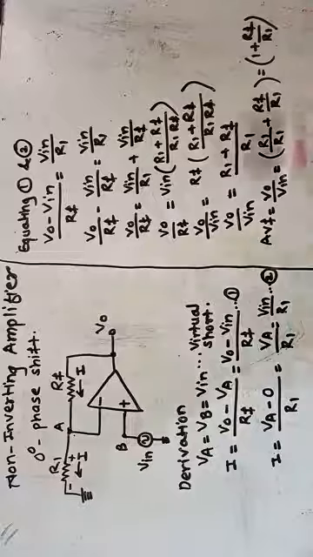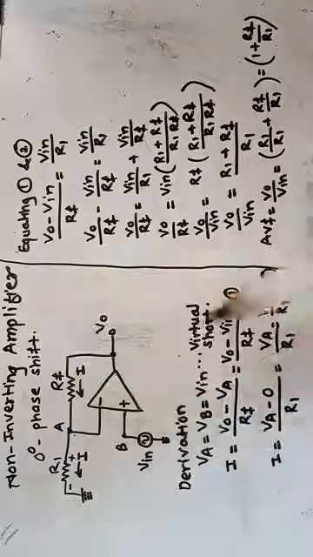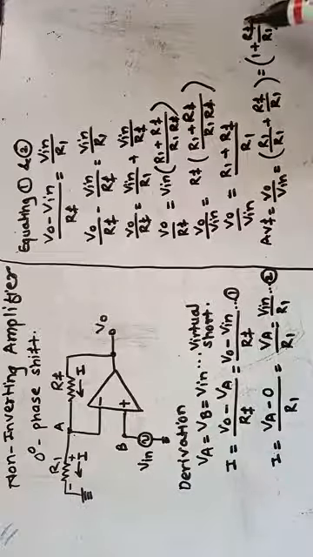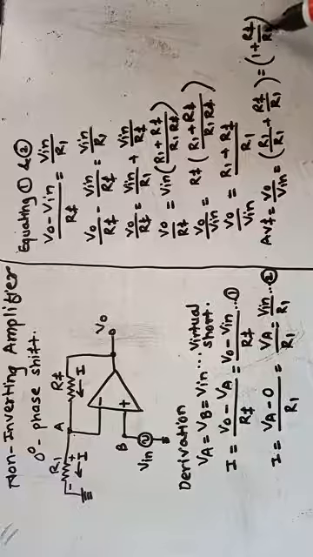So in the non-inverting amplifier, the gain equation is 1 plus Rf divided by R1. The gain of the amplifier depends upon the values of Rf and R1. And if Rf is 0, at that time the gain is unity.